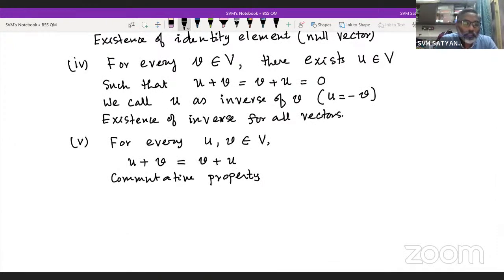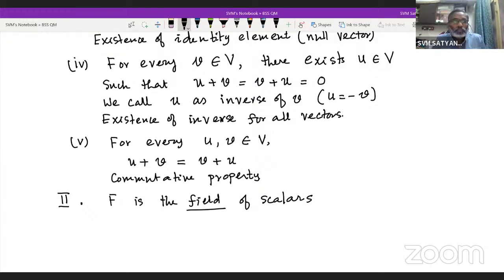Now, secondly, F is the field of scalars. Field is a technical word. There are certain axioms that it has to satisfy. But right now, let us understand that this is simply a certain set of scalars. F is a field of scalars. Now, with respect to F and V, certain things have to be satisfied.